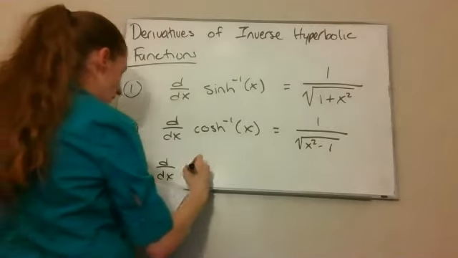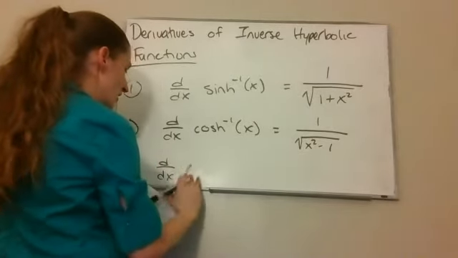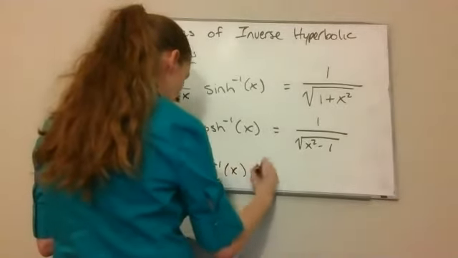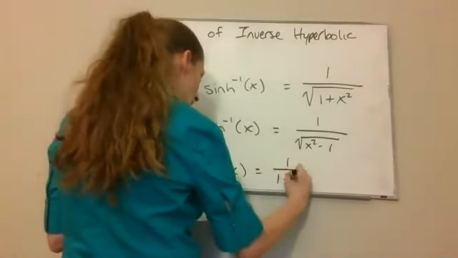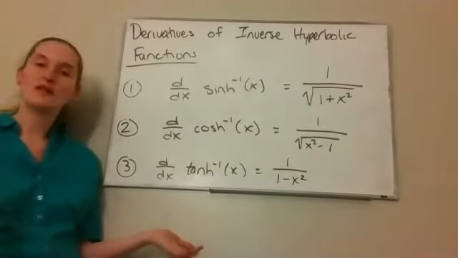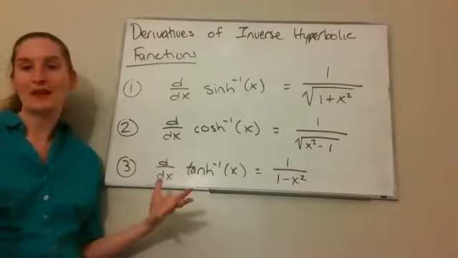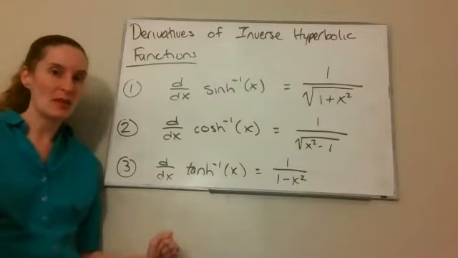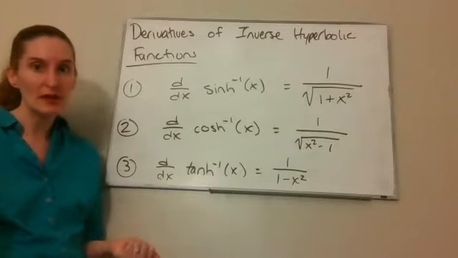And the derivative of the hyperbolic tangent inverse is 1 over 1 minus x squared. So again, all of these could be valuable if you have to find the antiderivative of the other side of the equation. You'll know which hyperbolic inverse function it corresponds to.